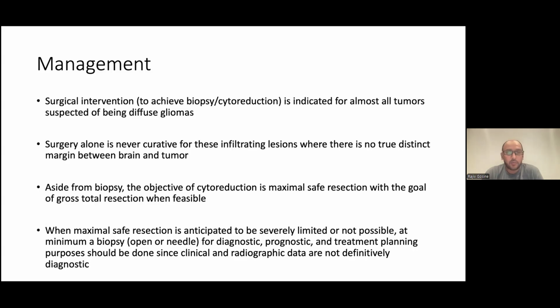Aside from biopsy, the objective of cytoreduction is a maximum safe resection with the goal of gross total resection when feasible. When maximal safe resection is anticipated to be severely limited or not possible, at minimum, a biopsy for diagnostic, prognostic, and treatment planning purposes should be done since clinical and radiographic data are not definitively diagnostic of the lesion.